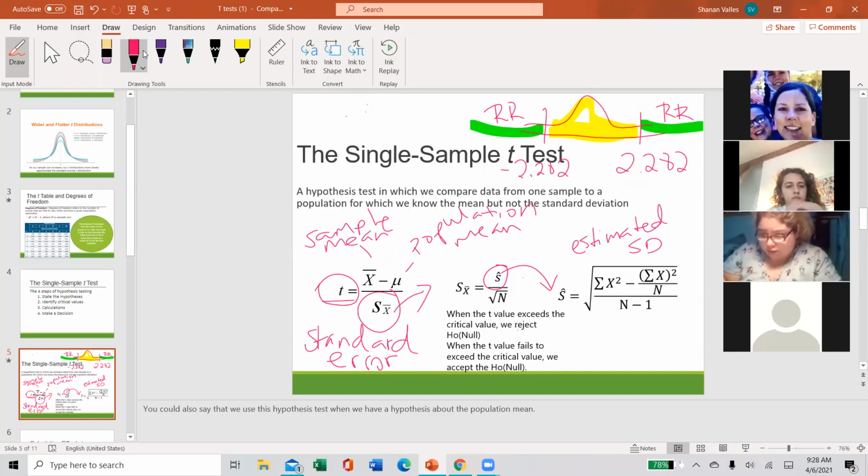We do that because it makes the estimated standard deviation a little bit larger, which we could assume would be for the whole population. It's just something we do when we don't know the population mean or standard deviation and we have to estimate it.